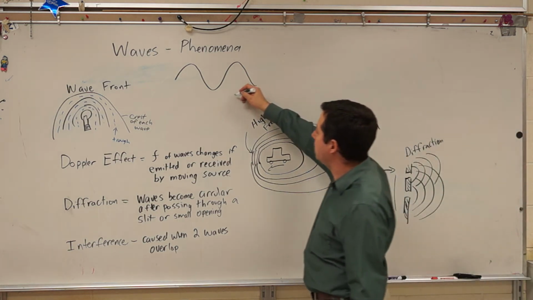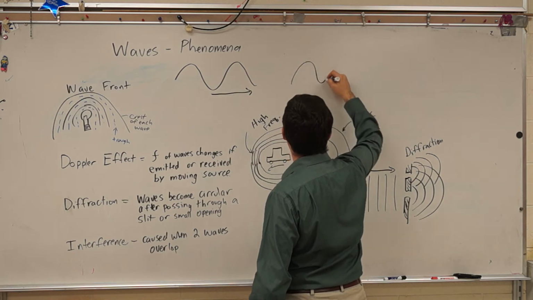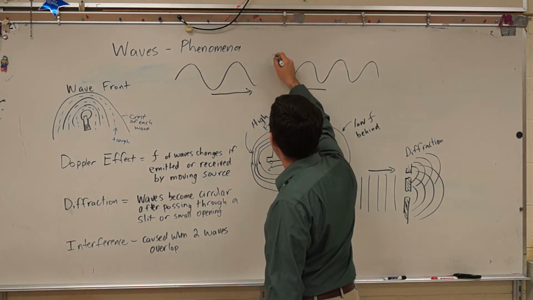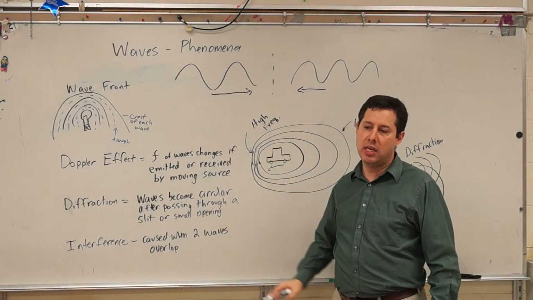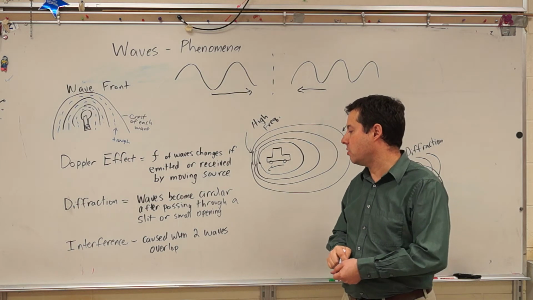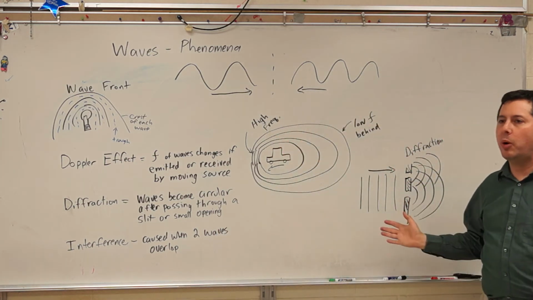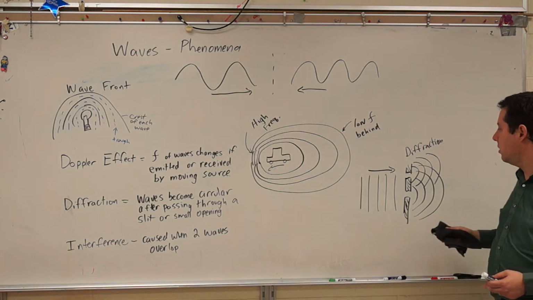You could cause interference if you've got a wave traveling here and you have another wave traveling in the opposite direction. When they pass together, at some point it's causing interference, and we'll have a separate video on what interference looks like. So two waves overlapping is interference. Might want to pause it if you haven't written stuff down. I'm going to erase this and continue with a couple other things.